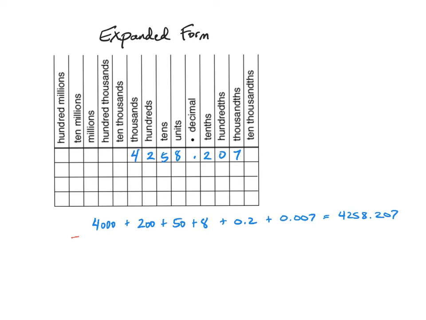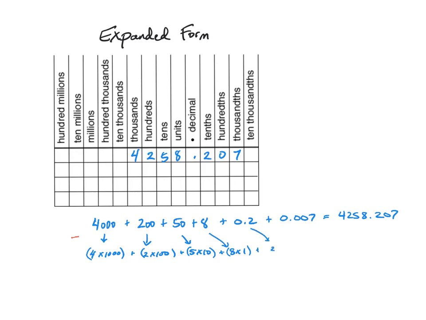If I'm doing this with powers of 10, this would be 4 of the thousands. This would be 2 of the hundreds. This is 5 tens. This is 8 ones.